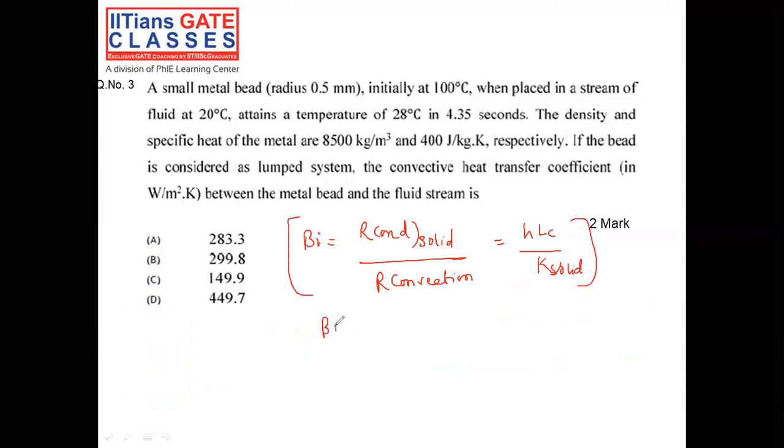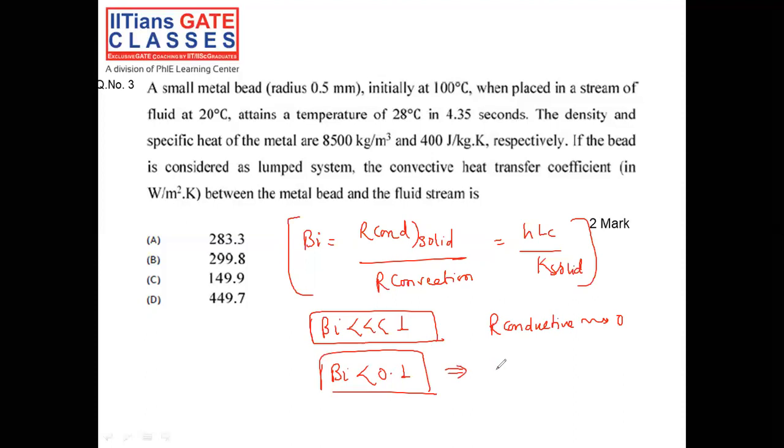Now, if the Biot number is very, very small, the meaning is that the conductive resistance offered by the solid will be small. If the conductive resistance is approaching 0, the heat will flow at a very, very fast rate, so the temperature will not be a function of space. It will only be a function of time. Now, if the Biot number is less than 0.1, then the analysis we call lumped system analysis is valid.